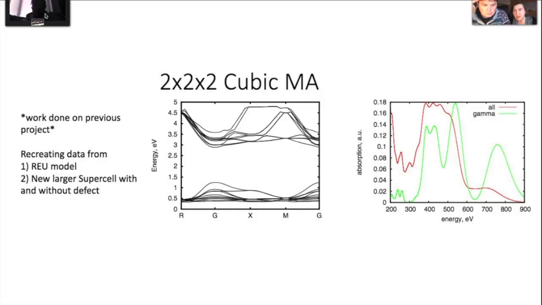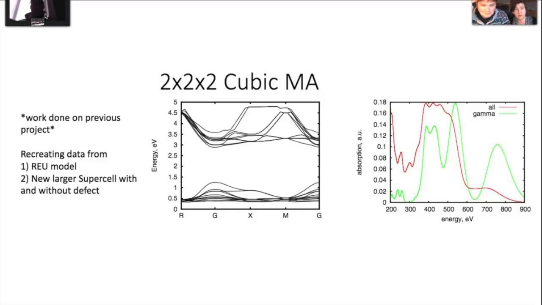When you have a gamma point, you expect that you have fewer transitions, right? You expect that you're missing a few contributions because you're not including all K points. Then how do you explain that your lowest energy peak is actually significantly higher for gamma point rather than when you include all K transitions?